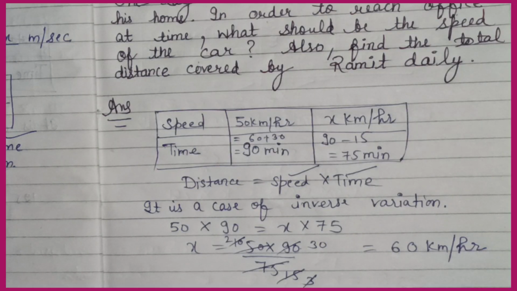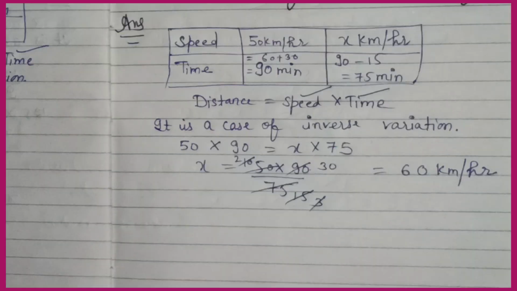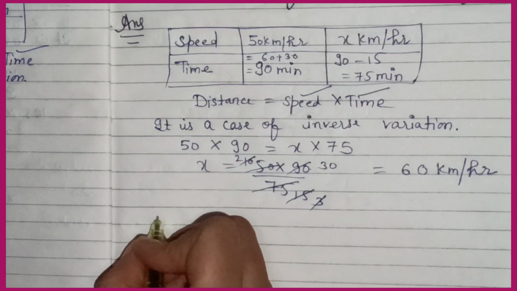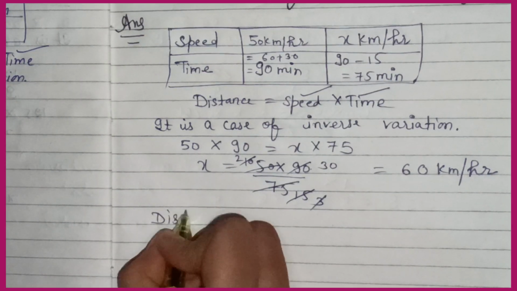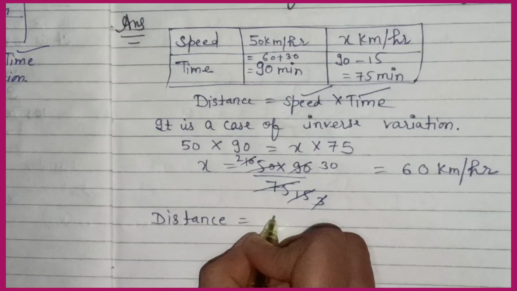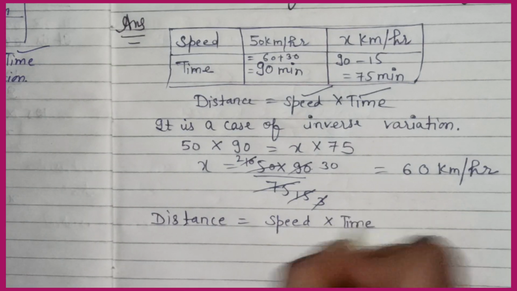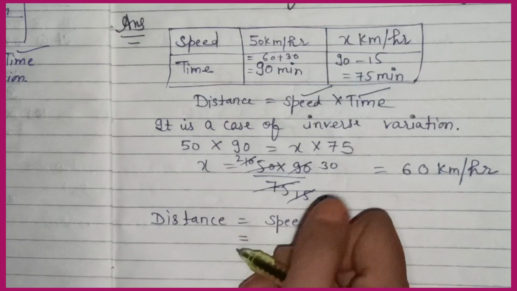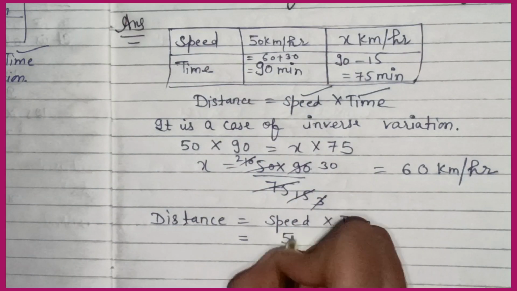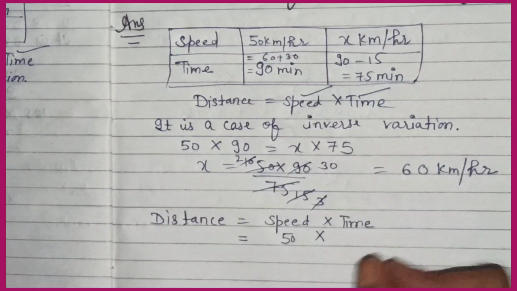Now we are asked to find out the total distance covered by Ramit. So from here, the distance covered by Ramit is equal to speed multiplied by time, and we are given in the question speed is equal to 50 multiplied by time, which is 1 hour 30 minutes, equal to 90.